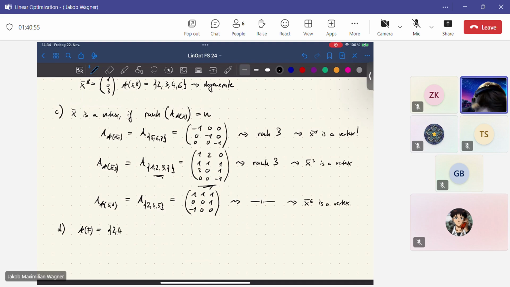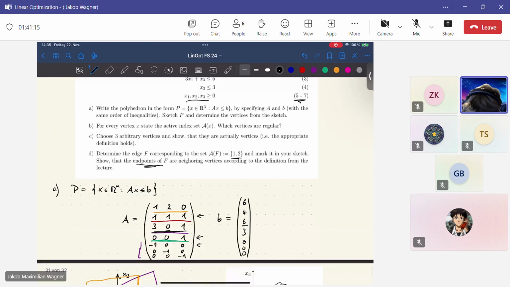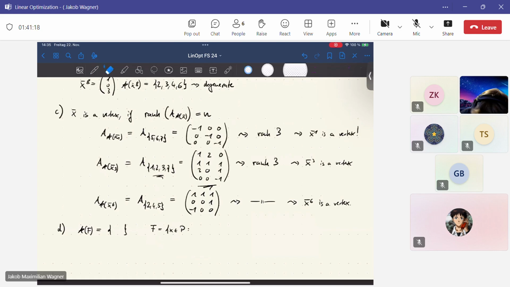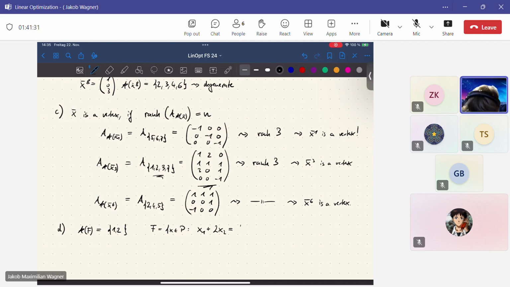For 1, 2, F consists of all the points where x1 plus 2 x2 is equal to 6, and x1 plus x2 plus x3 is equal to 4.